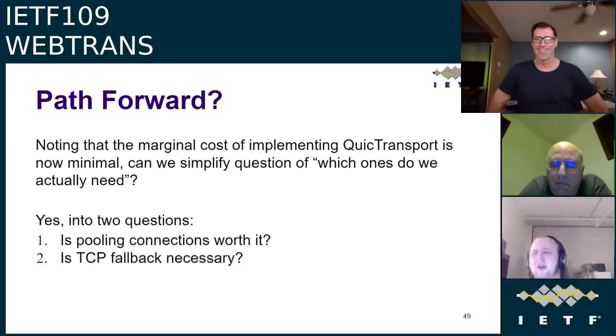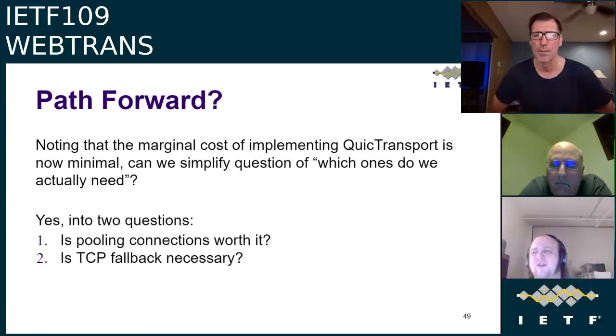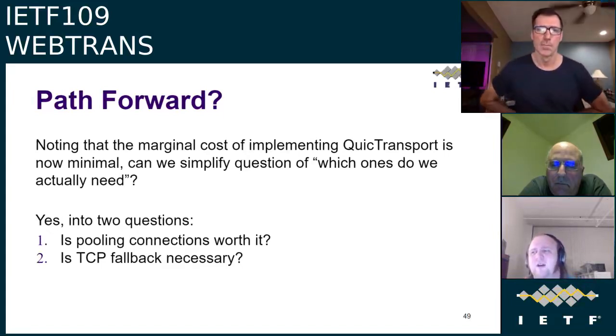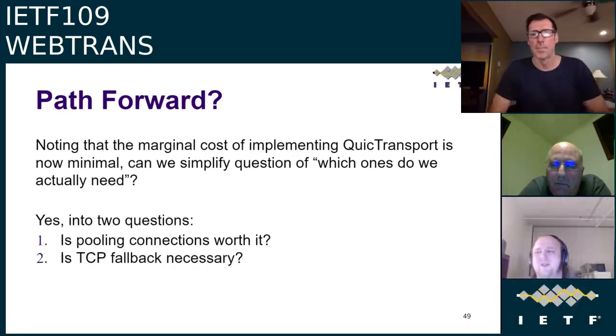But if you're implementing HTTP/3 transport, the marginal cost of implementing QUIC transport for both web browser and even the server, but the web browser is the only one which really has to ship both, is fairly minimal. The Google implementation is 2,000 lines of C++, and that's not that much.